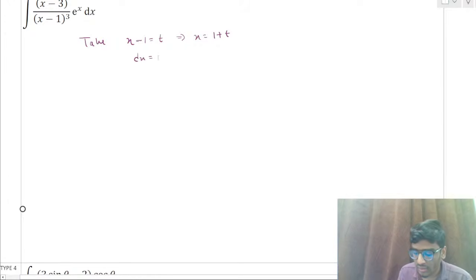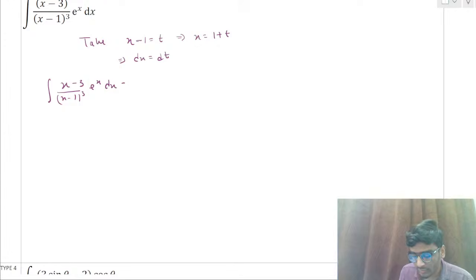When we differentiate, dx equals dt. So the integrand becomes x minus 3 upon x minus 1 whole cube, times e raised to power x, dx.